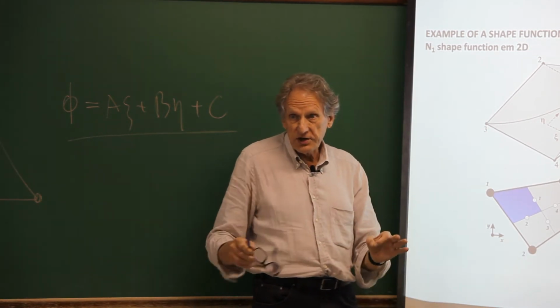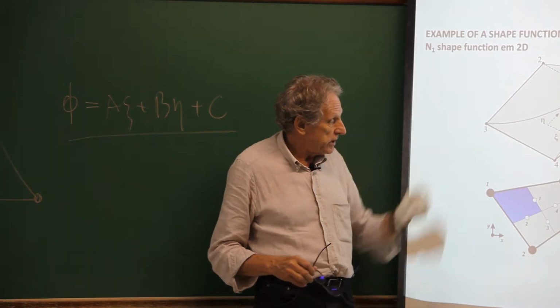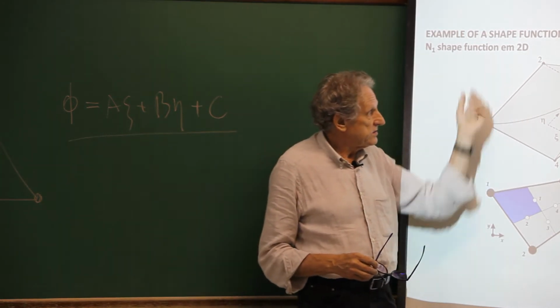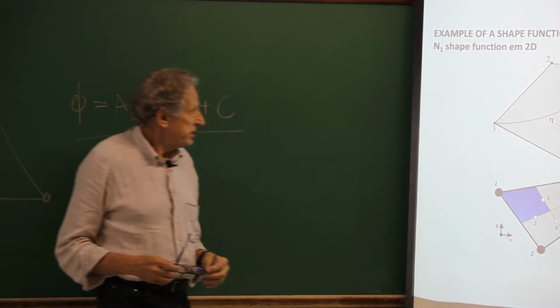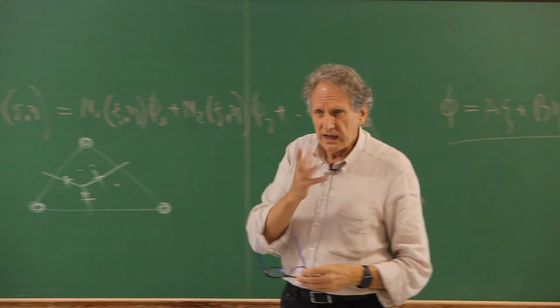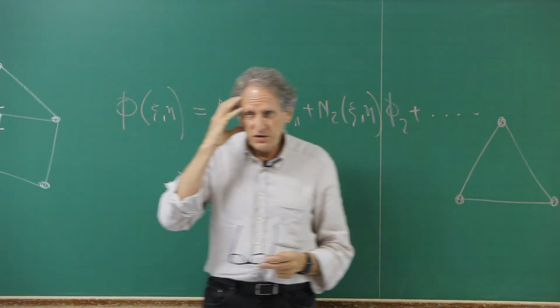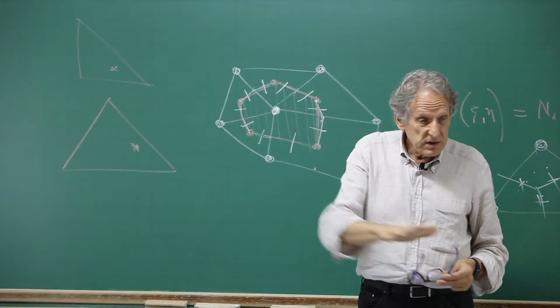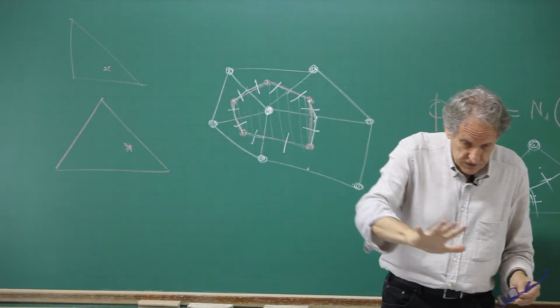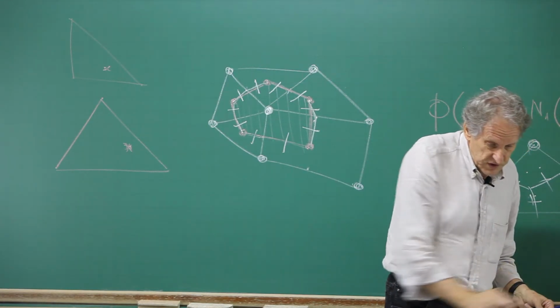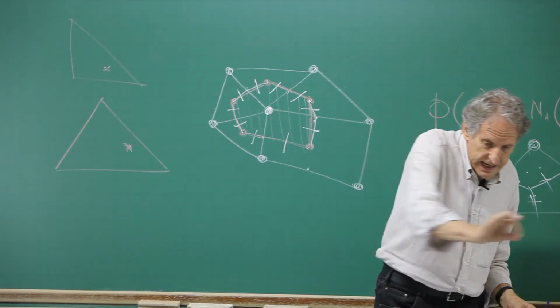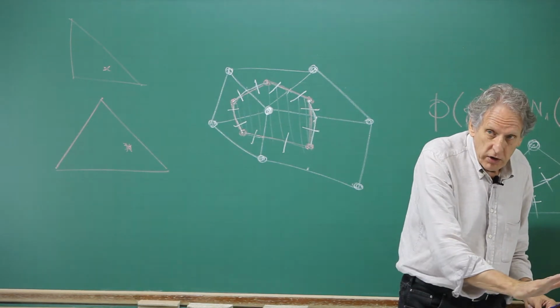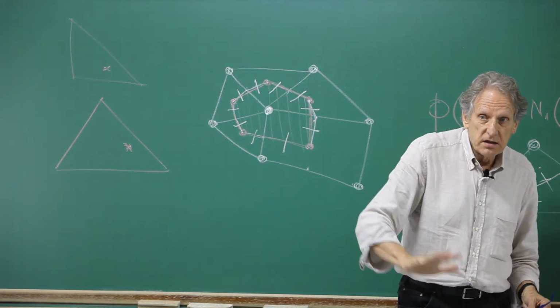So that's the summation, over 4 in this case. This is the N1 shape function. It's nice to see this picture because we keep in mind what N1 is. N1 is this kind of surface, which is 0, 0, linear, linear, and some nonlinear behavior inside the element.